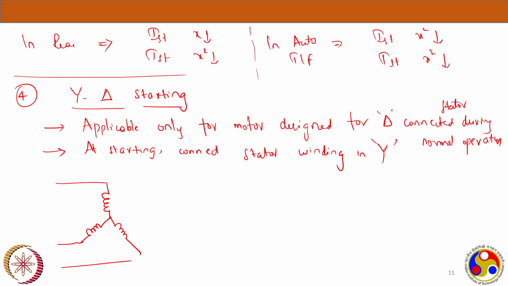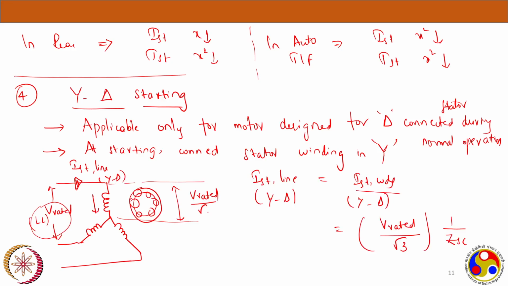Now your winding current would be phase voltage, which is rated line to line voltage by root 3, divided by your impedance, that is ZSC. This is because this particular voltage is different when it's a star connected winding, V rated, that's how you are getting a different kind of line voltage in this star delta.